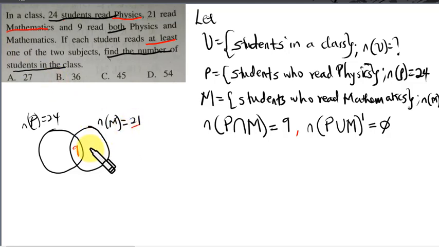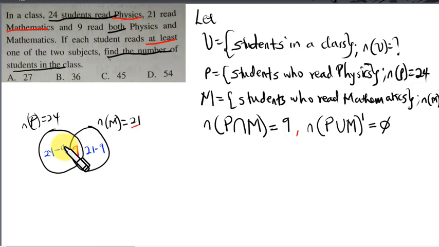So what is left here is not 21. The entire circle is 21. So if here is 9, what is left here is 21 minus the 9. And if the entire circle of physics, that is this circle, is 24 and part of it is 9, then what is left here is 24 minus 9.